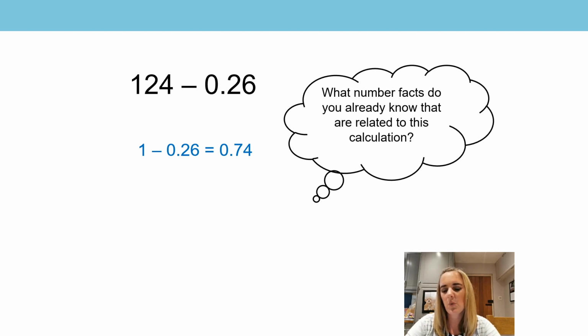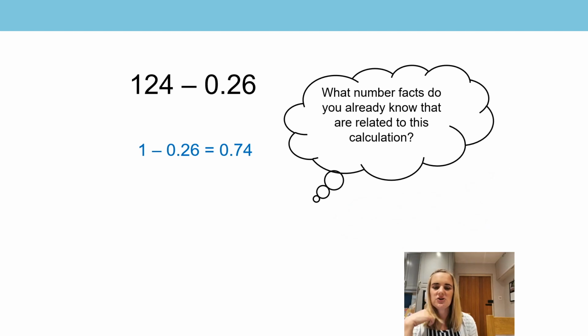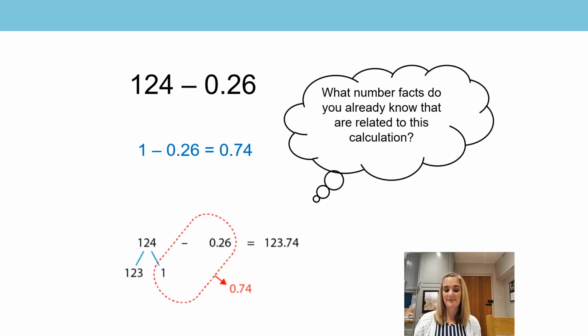If we know that 1 subtract 0.26 is 0.74, there is a 1 hiding inside 124, and I mean 1, as in 1, not 1 in the hundreds. So 124, this makes it easier to explain, is made up of 123 and 1. And we know, as you can see at the bottom here, that 1 subtract 0.26 is 0.74.